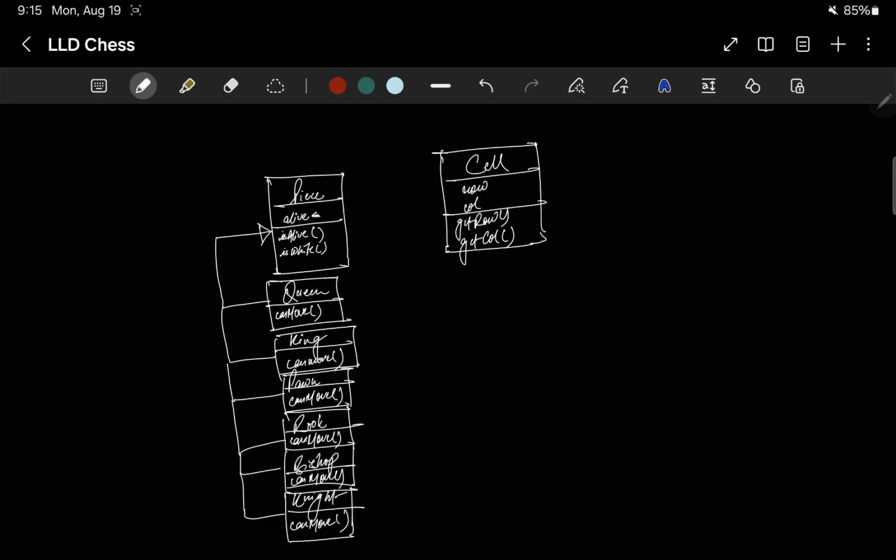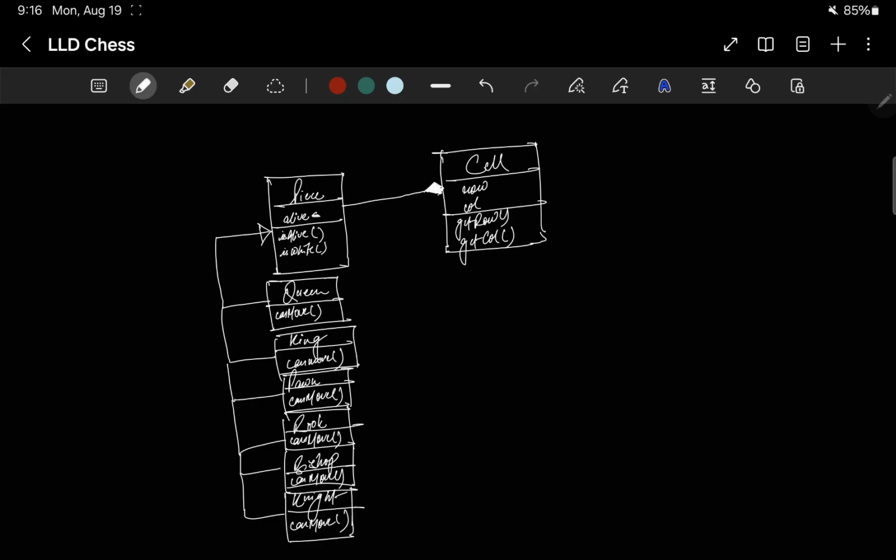So the pieces will be inside the cell, right? So this piece will have an aggregation with the cell. Why? Because the cell will have the pieces. I said aggregation, but this will actually be composition, because the pieces cannot exist on their own.